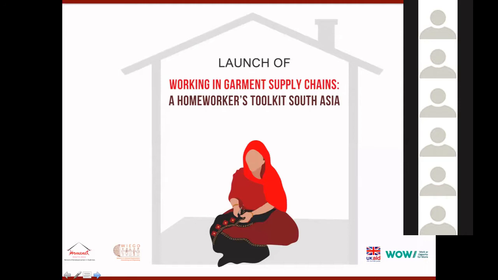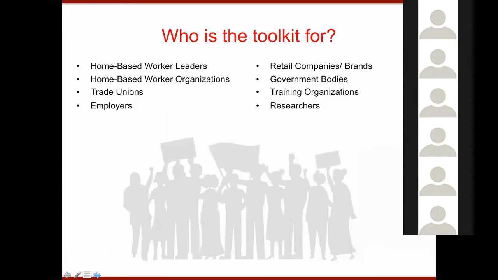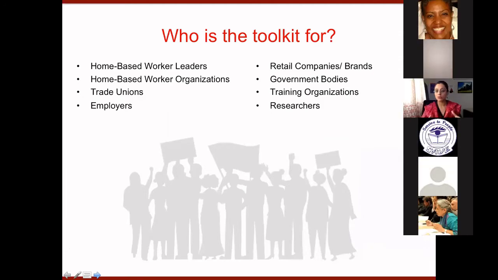Okay, just before we start, we wanted to answer a few questions. We were asked when we were sending out this invite, who is this toolkit for? Both Shabnam and Jayalakshmi have talked about the fact that it is very useful for home-based worker leaders. It's also very important for home-based worker organizations and trade unions. We also believe it's useful for employers, the retail companies and brands.